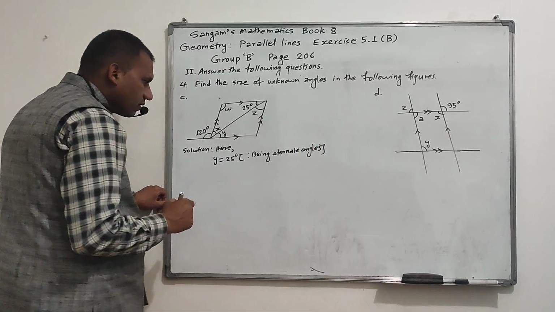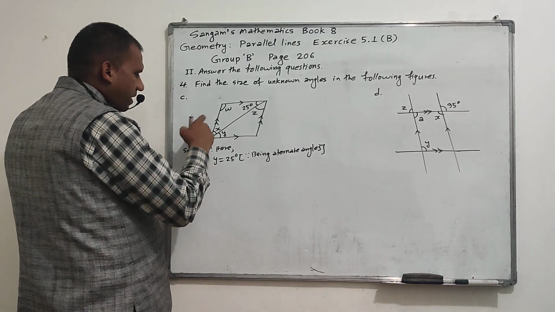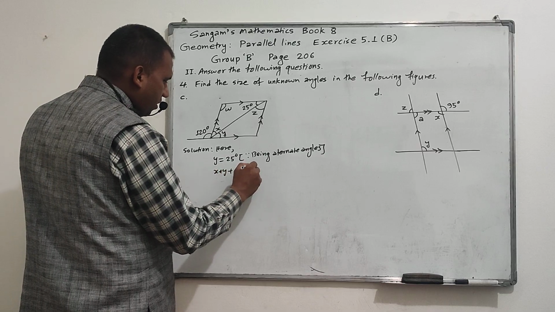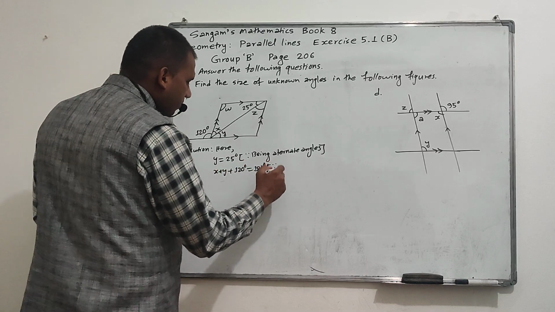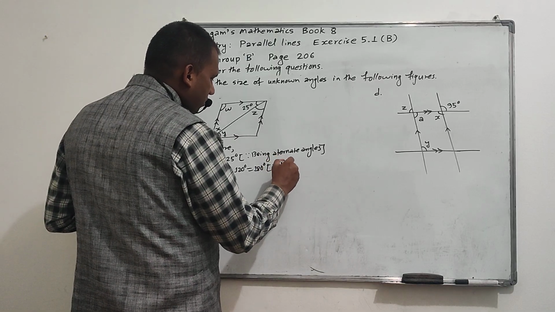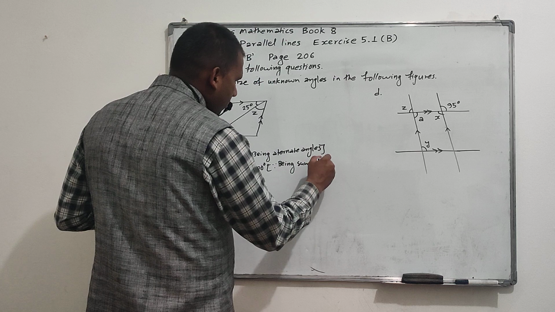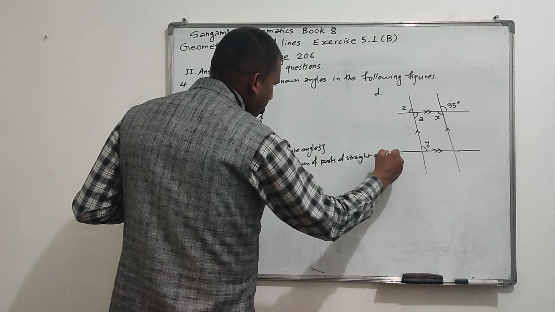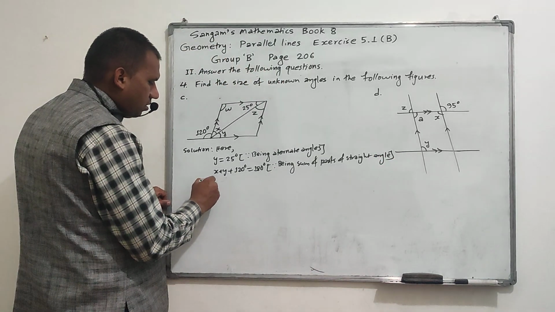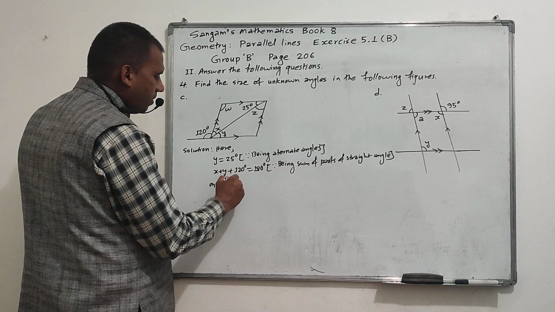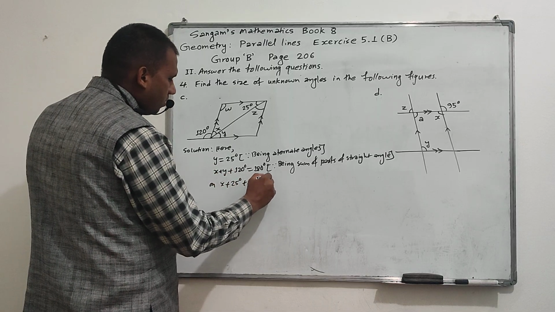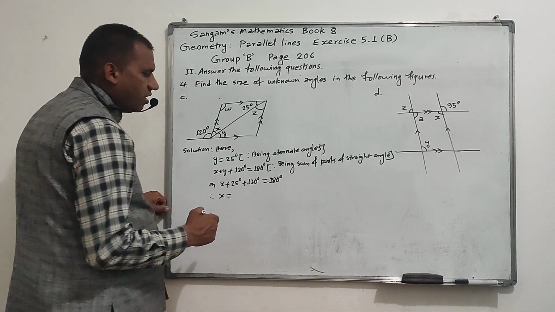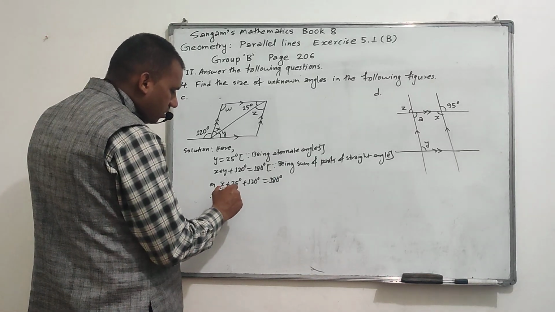Then the sum of x, y and 120 makes a straight angle, so we can write x plus y plus 120 degree equal to 180 degree, because being sum of parts of straight angle. Here 25 degree plus 120 equal to 180 degree. Therefore x equal to 180 minus 25 minus 120, that is 25 degree.